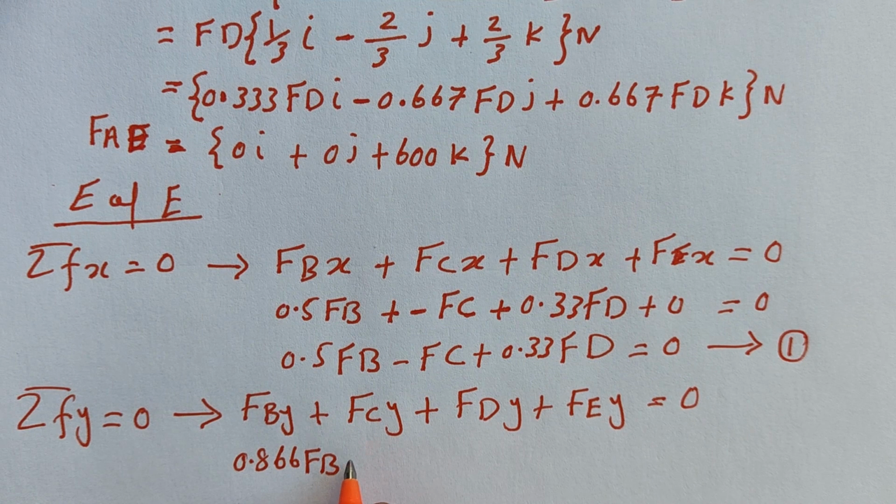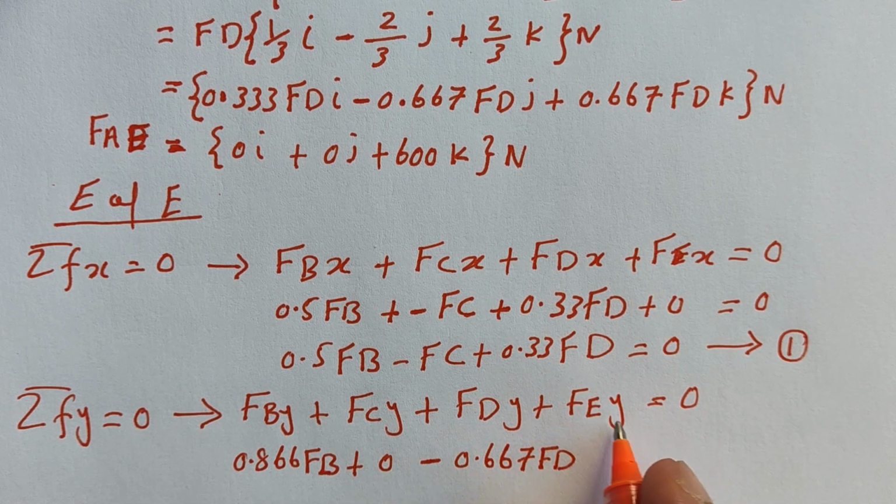For FC on the y-axis it is 0, therefore plus 0. For FD on the y-axis it's negative 0.667 FD, and it is 0 for FE on the y-axis.